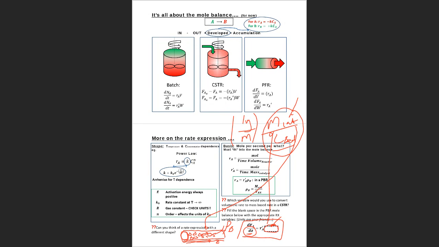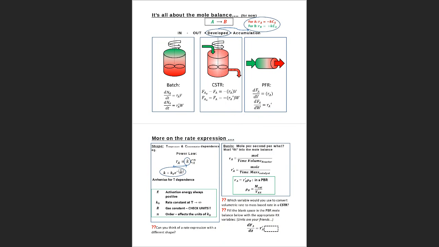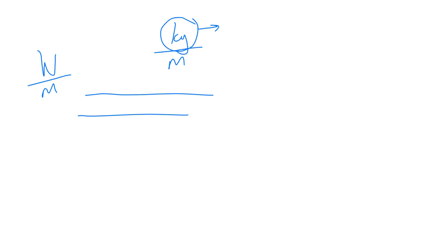So let's just get a whiteboard and write this down. We want something that has units of mass of catalyst per length of bed, so it must have units kilograms per meter of bed. If I want the mass of catalyst along the length of my bed, let's say I've got my bed and a little slice over there.